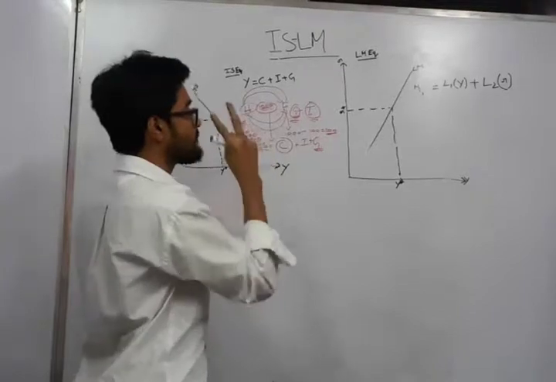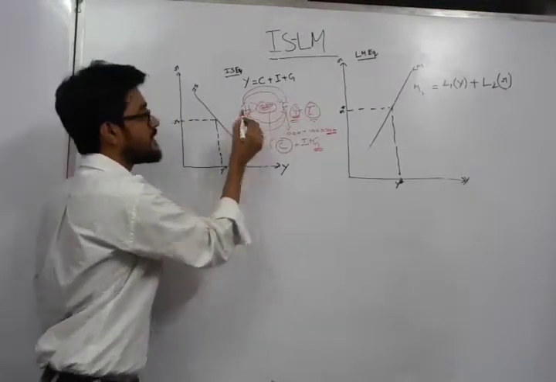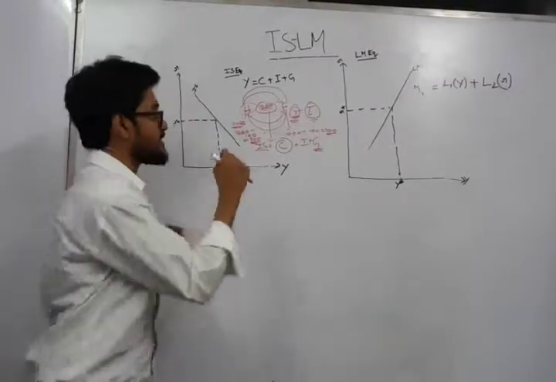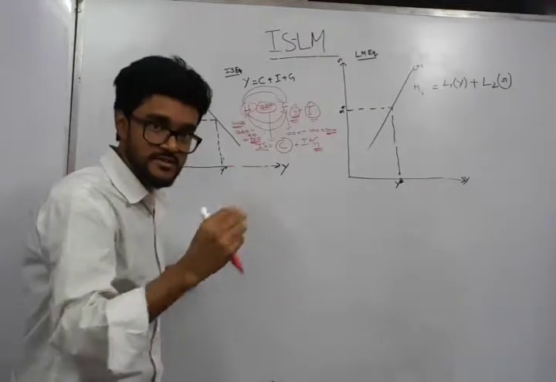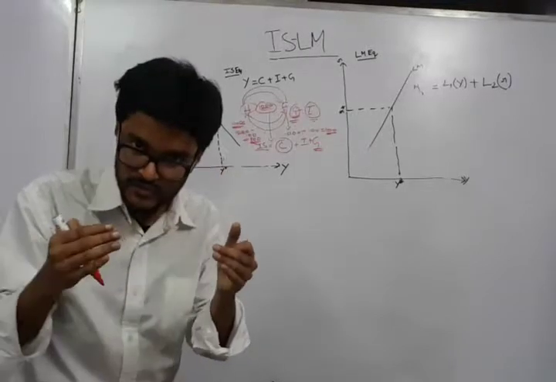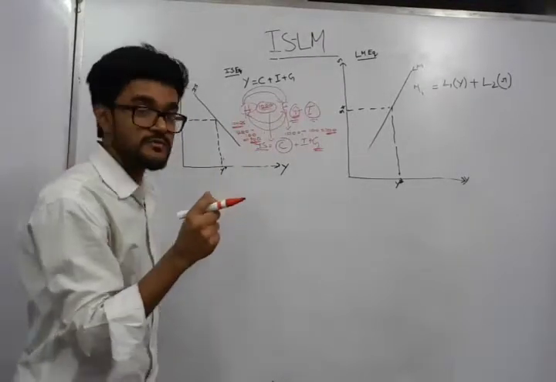Now, we have two terms to define this phenomenon. When income decreases, either due to tax payment or due to savings, because when people save, they save a part of their income of 1000 rupees, that income gets reduced.